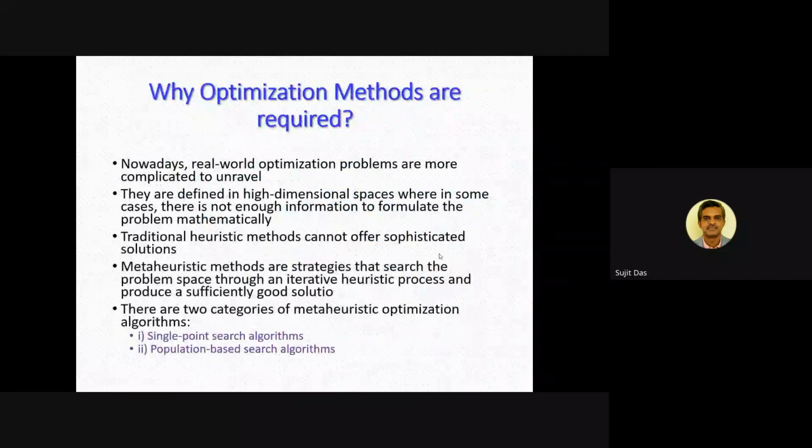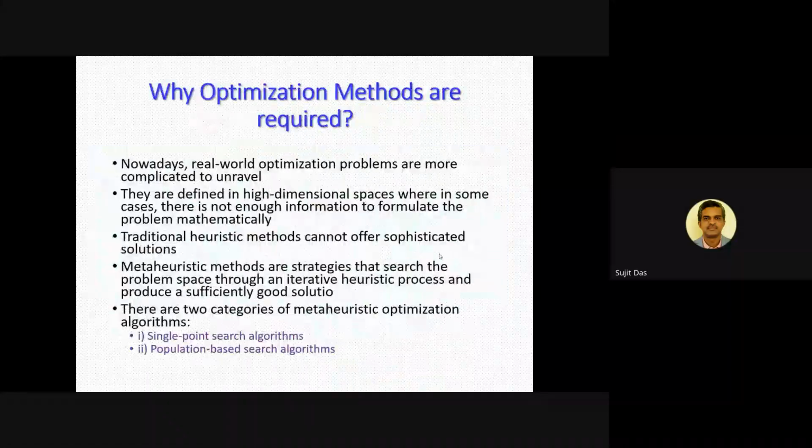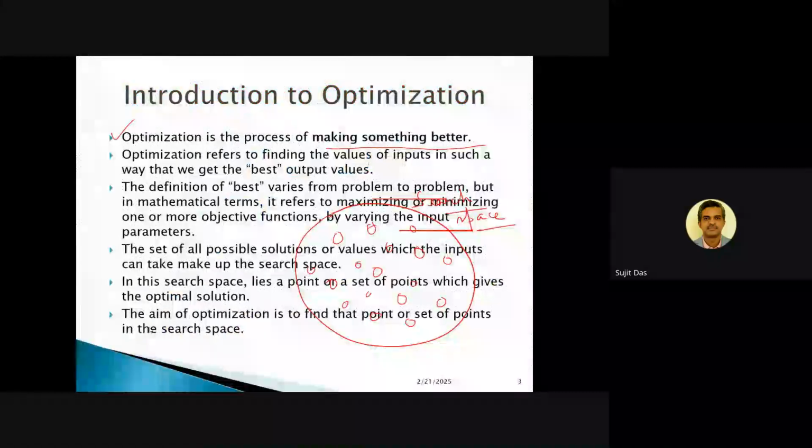Now let me come to one important thing. Once we start with our optimization techniques, we may start with a single solution as well as with a set of solutions. As I mentioned, these are our feasible solutions.